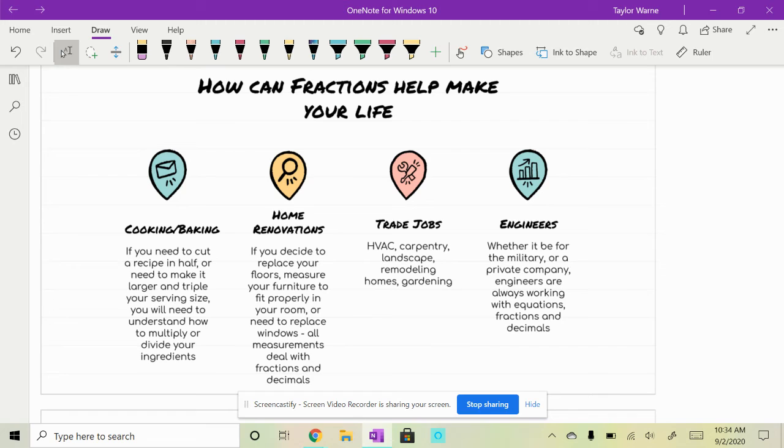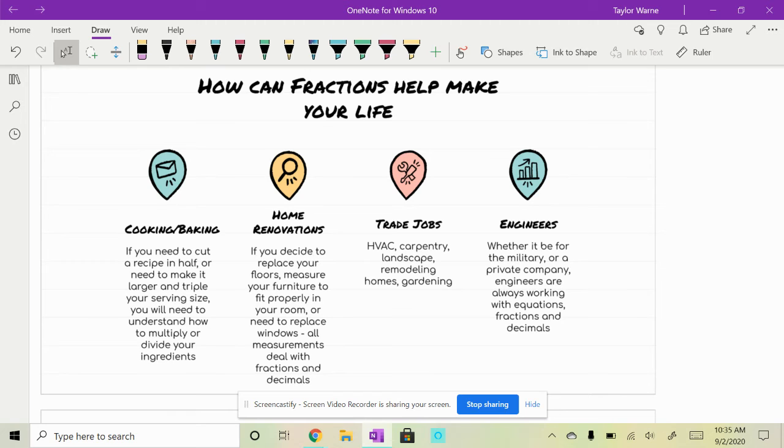Carpentry, again, you have to know how to cut the carpet and measure the carpet out. You have your landscaping, remodeling, homes and gardening. And I actually just learned myself that lumber has its own math that goes hand in hand with it, which is pretty cool.